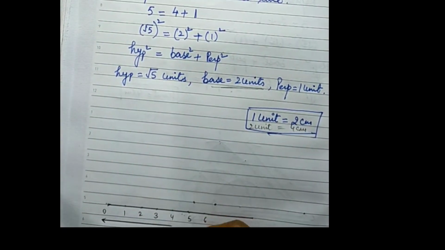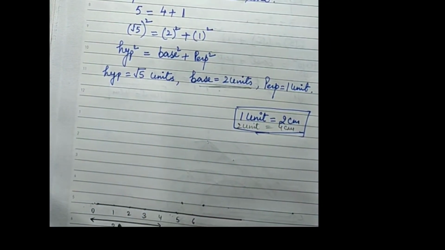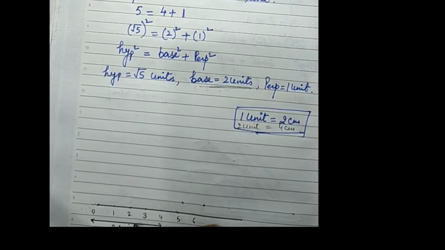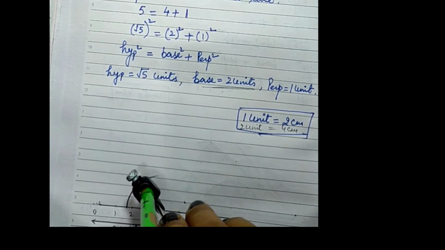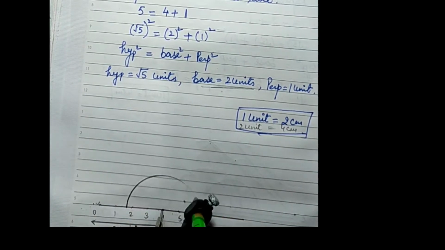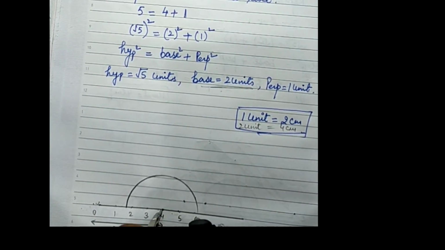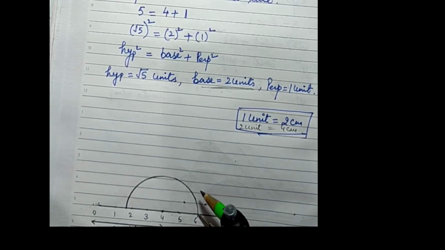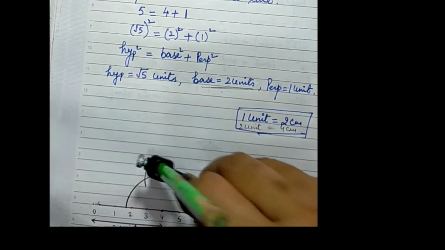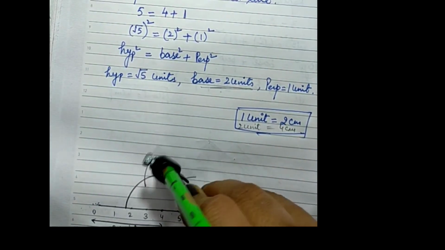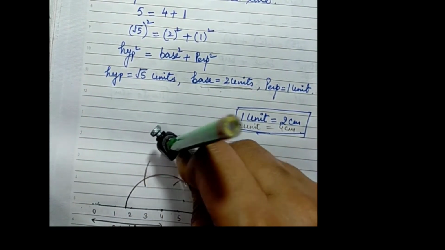After taking the base as 2 units, let's draw the perpendicular now on the base. Again, how to draw the 90 degree angle: 60, then 120, and then the bisection of these two.